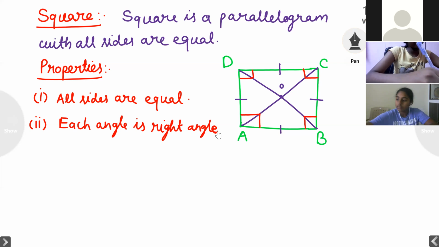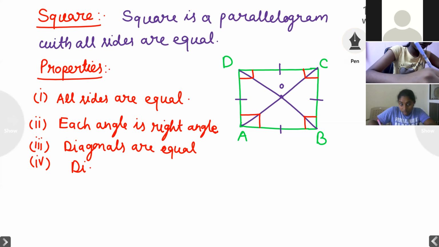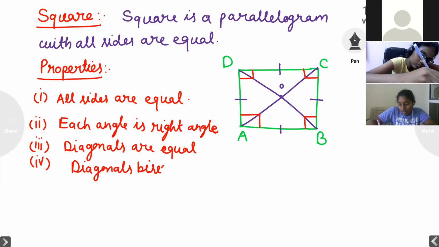Third property, diagonals are equal. Fourth property, diagonals bisect each other at 90 degrees.